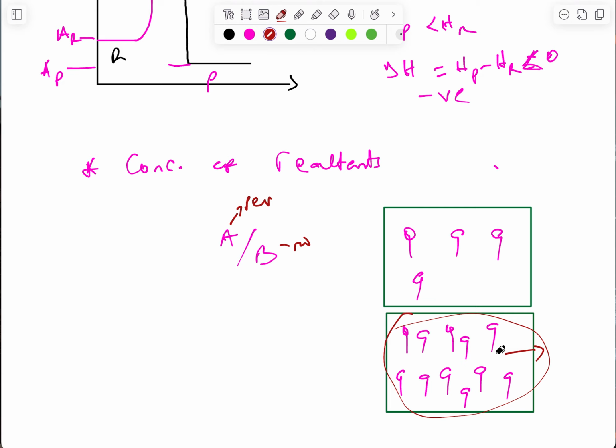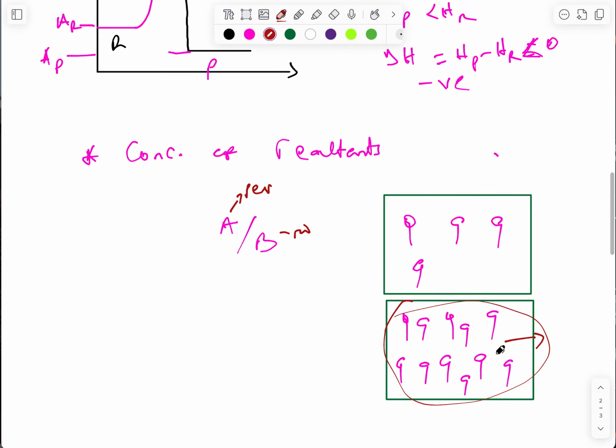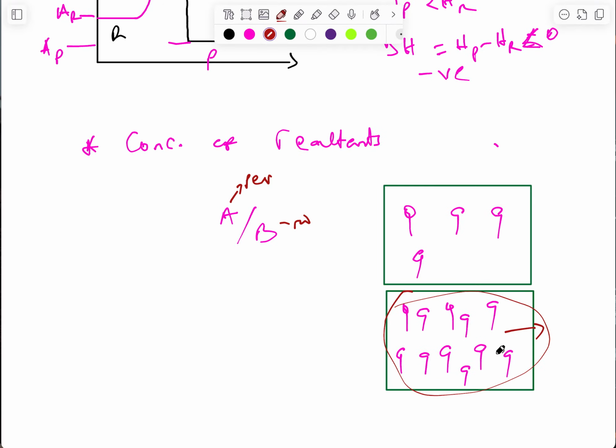How does concentration affect the rate of chemical reaction? From what we have said earlier, there must be collision, and for this collision there must be a minimum amount of energy. But since collision is necessary, between scenario one and scenario two, which one do you think will have more collision taking place between the particles inside?